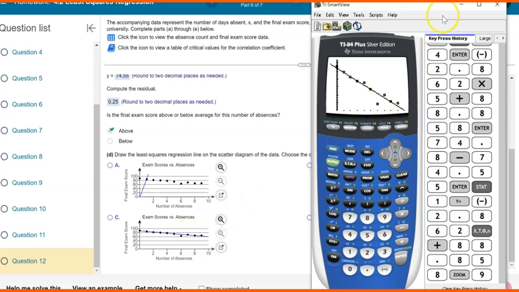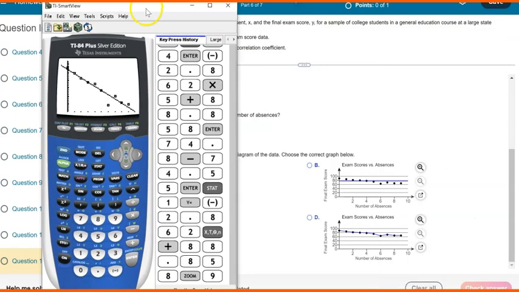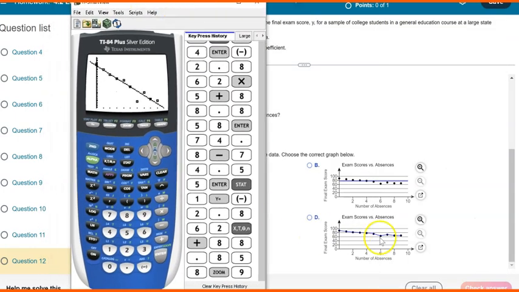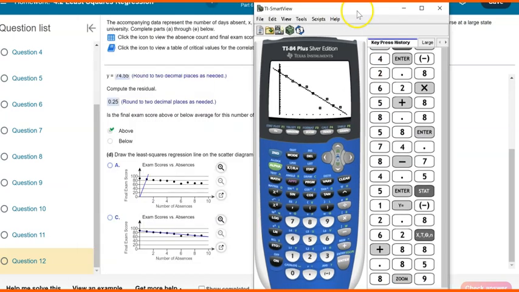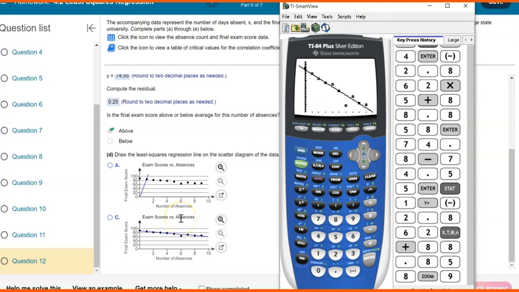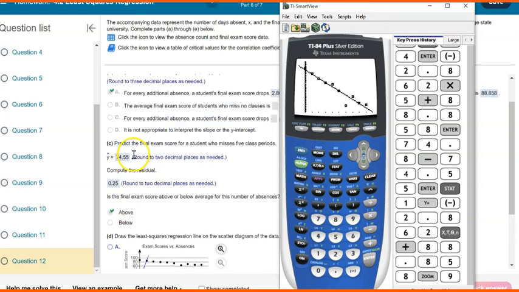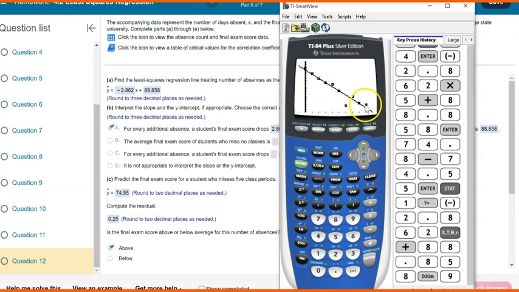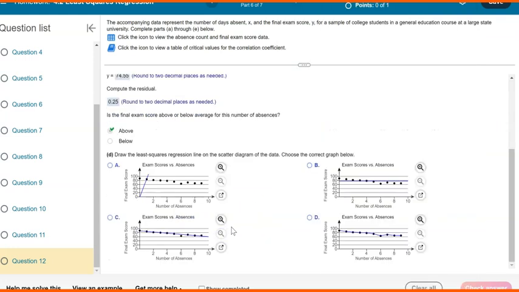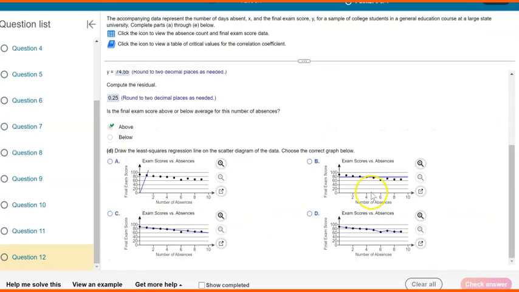Is that one correct? Let's see. This is not the line either. This is even a curve here. You cannot have a line like this, because the line must be going down with the negative slope. Therefore this line has a negative slope, and the answer must be C.